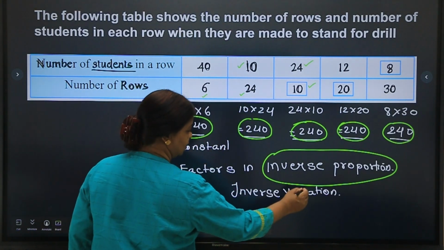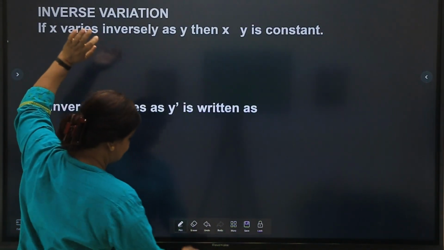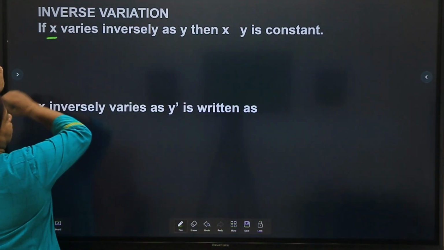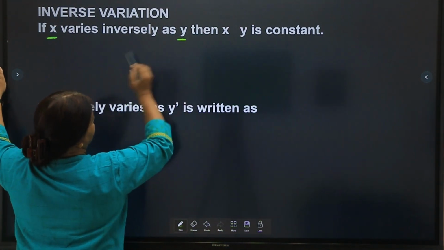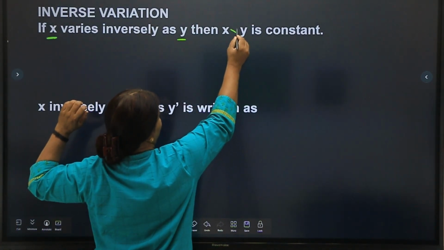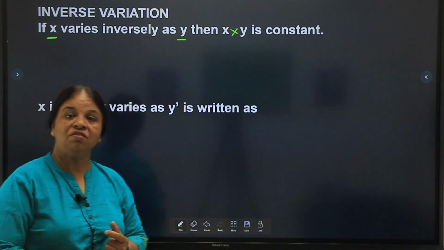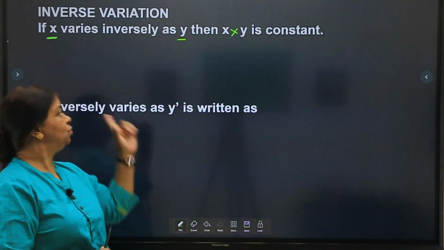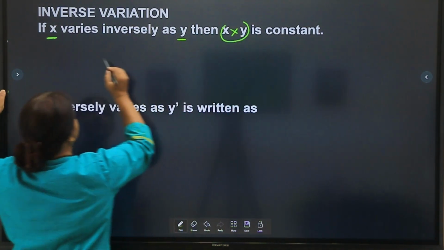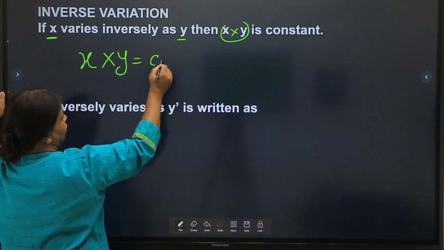Let's move to the examples, children. If x varies inversely as y, then x into y will be constant. If there is inverse variation between two factors and you multiply those factors, then their multiplication will be equal to a constant.